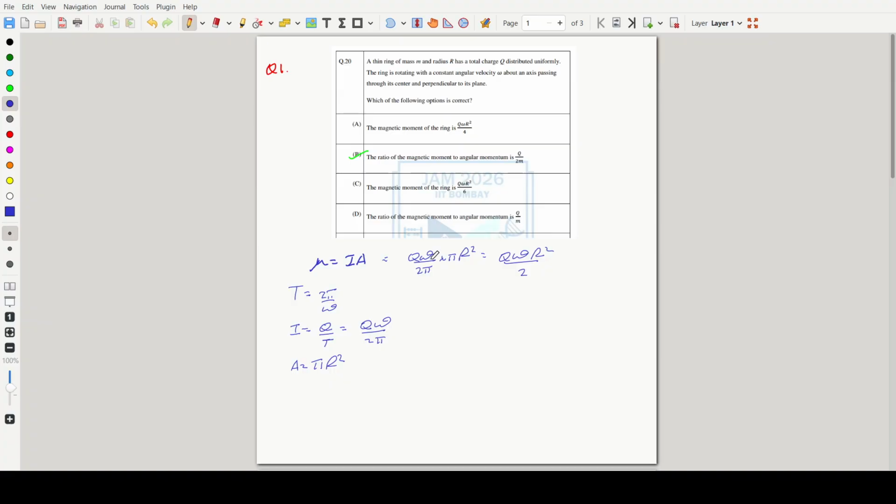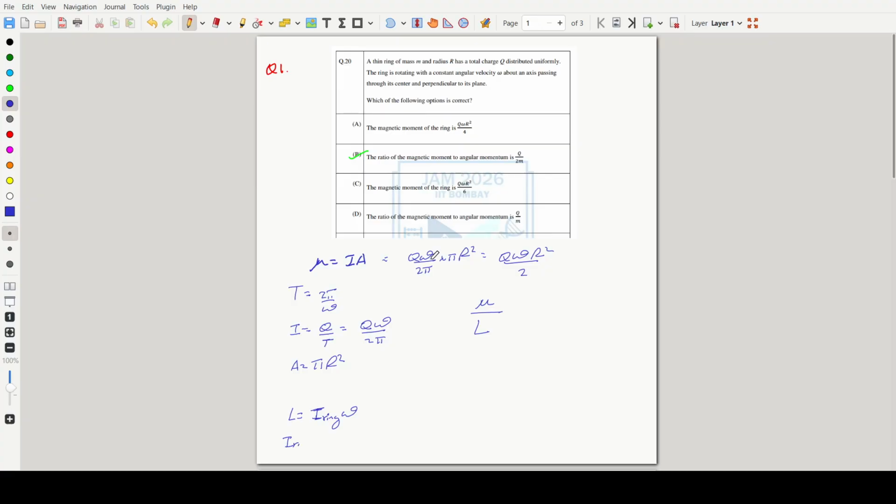Now they're asking us to find the ratio of magnetic moment to angular momentum L, and the angular momentum L is given by I, at this time the moment of inertia of the ring, times omega.